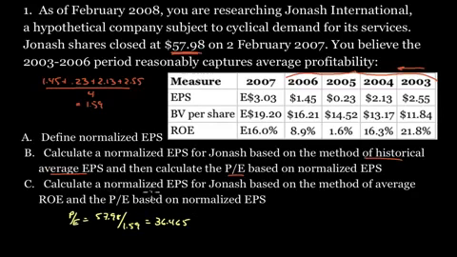C, calculate a normalized DPS for Jonash based on the method of average ROE and the PE based on normalized EPS. Okay, so here we're using the average ROE. So we want these bottom four here, 8.9%, 1.6, 16.3, and 21.8.